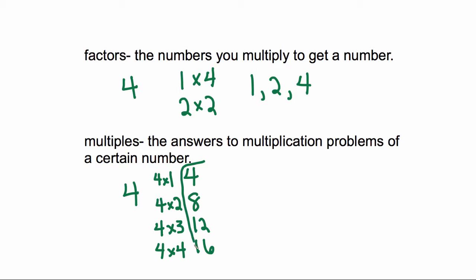The answers to these multiplication problems are multiples. When we start our chart, we're going to be talking about multiples a lot, so I wanted to make sure you knew that's the answers to multiplication problems of a certain number. All right, let's get going with our chart.